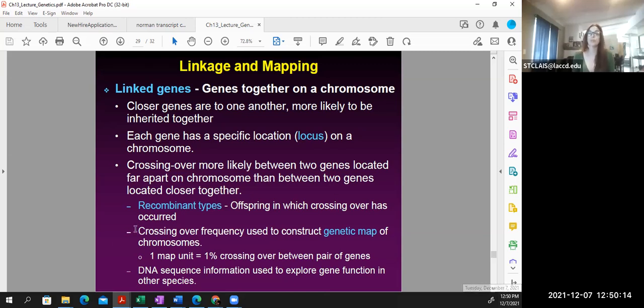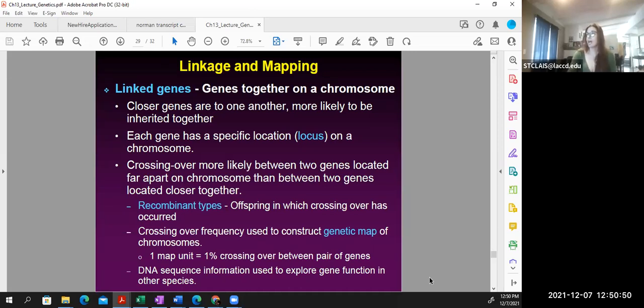Remember, that's where we get our new combinations of alleles. You can actually do crosses to find out how often recombination occurs for the traits of interest and use that to map the chromosomes. One map unit, or one Morgan, is going to be the same as 1% crossing over between the pair of genes. Because remember, the farther the genes are from one another, the more likely they are to cross over, so we'd expect them to then cross over with a higher frequency.